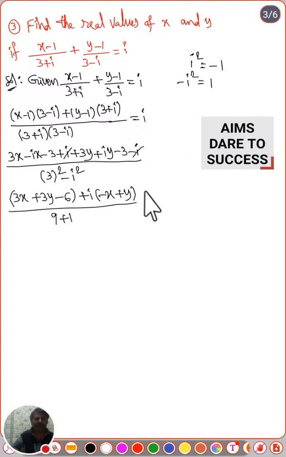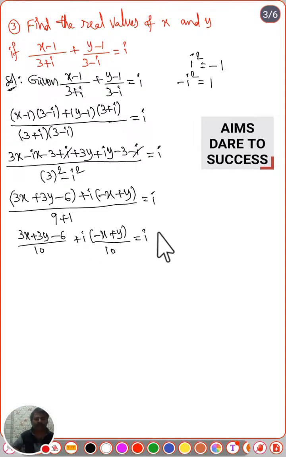So 9 plus 1 is 10. So split it at a time: (3x plus 3y minus 6) by 10 plus i into (minus x plus y) divided by 10 is equal to i.